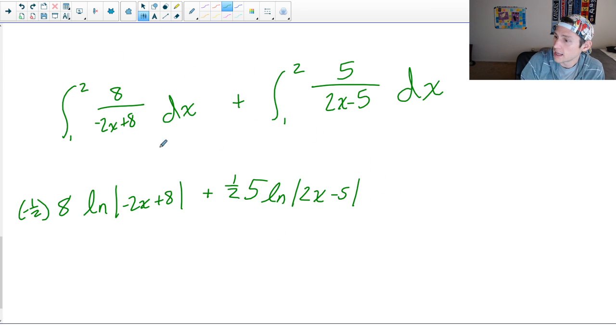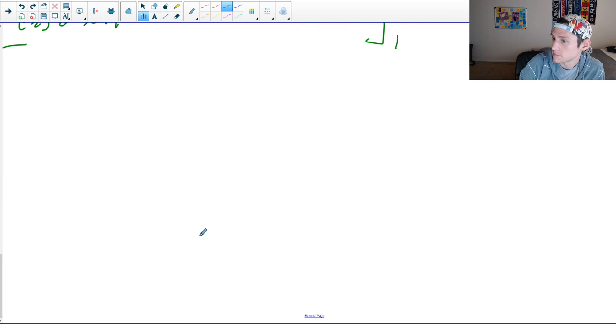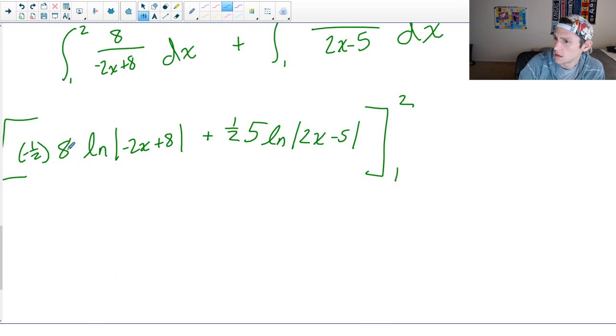And remember, though, we're evaluating both of these from 1 to 2. So we still have a little bit to do. 8 times negative 1/2 is negative 4. Negative 2 times 2 is negative 4. Negative 4 plus 8 is positive 4.